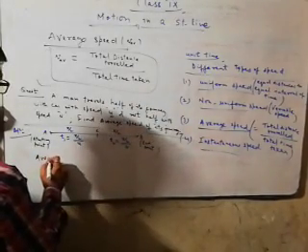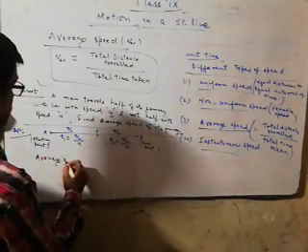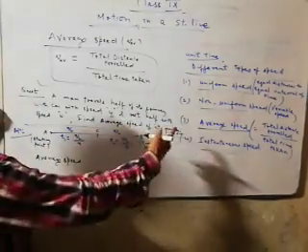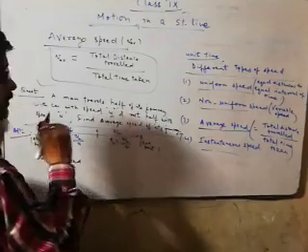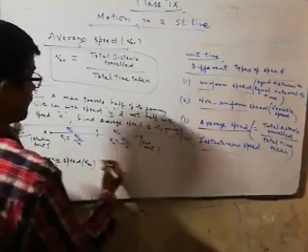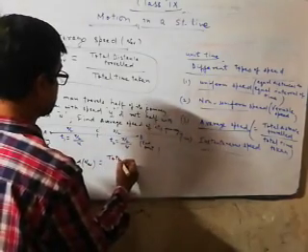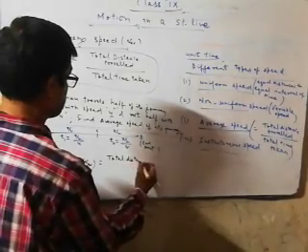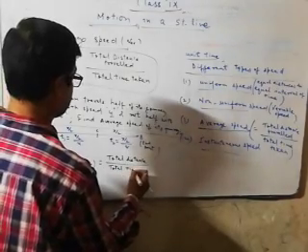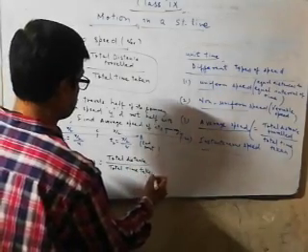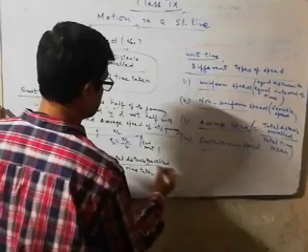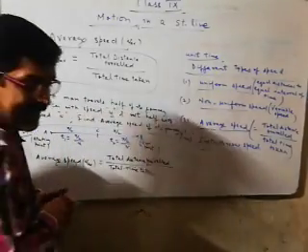Average speed of the man for this particular journey, V average, is equal to total distance traveled by total time taken.